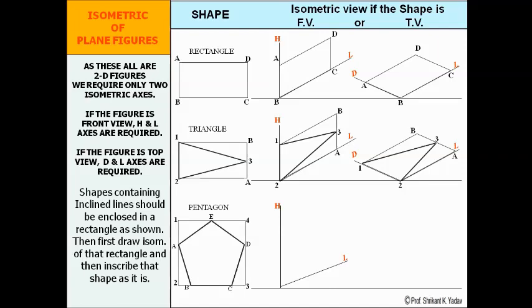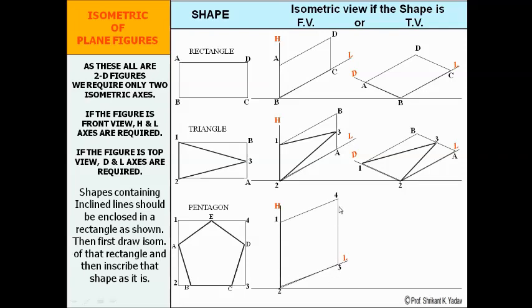They meet at one point, that is the reference point O. By considering point 2 as a reference point, first we will transfer this rectangle or square onto the isometric plane.